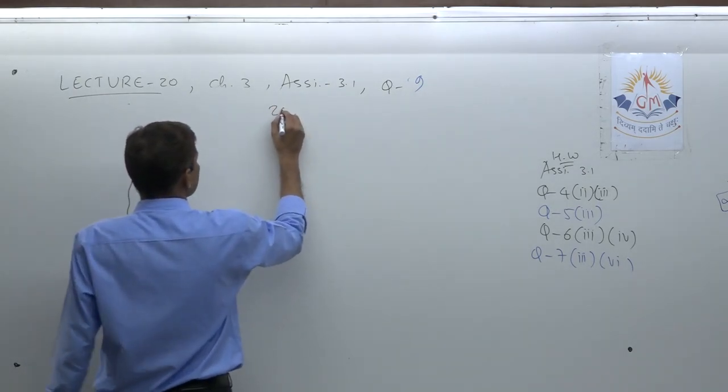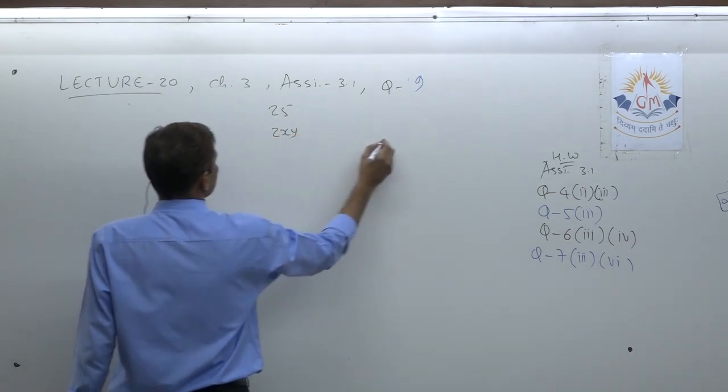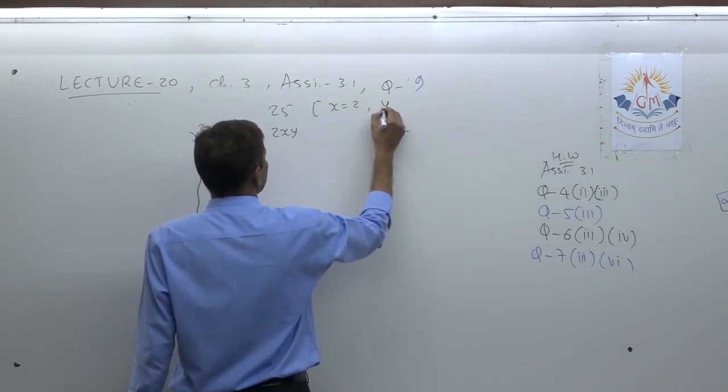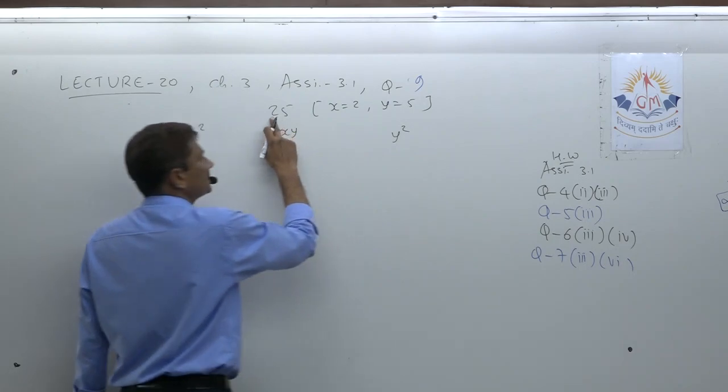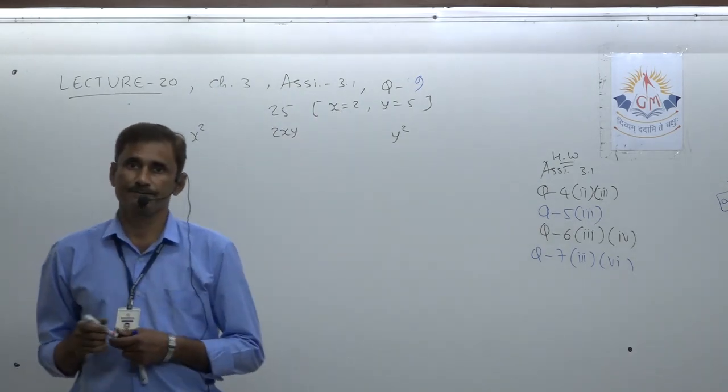So 25 is there. Make three columns: x square, 2xy and y square. In brackets write x equal to 2, y equal to 5. The first digit, the tens digit, is x. The unit digit is y.